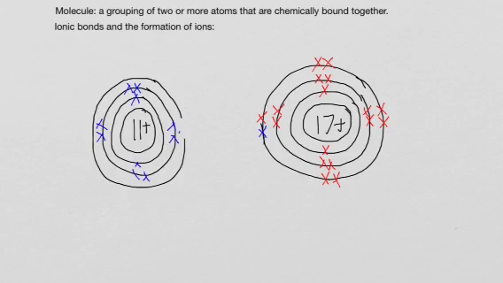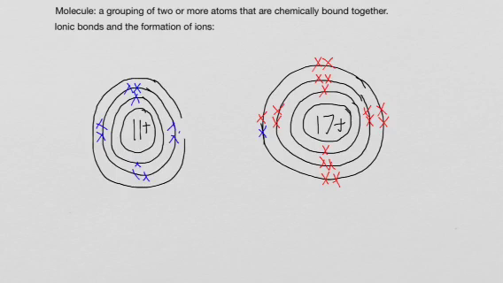being transferred over to the valence shell of the chlorine, and in so doing it removes that outermost shell of sodium. Meaning that sodium loses its third orbit and it goes back down to having 2 orbits, and its last one is completely full. It's happy. At the same time, chlorine, which has 7 valence electrons, takes that 1 valence electron from sodium and it causes it to be full in its valence shell.